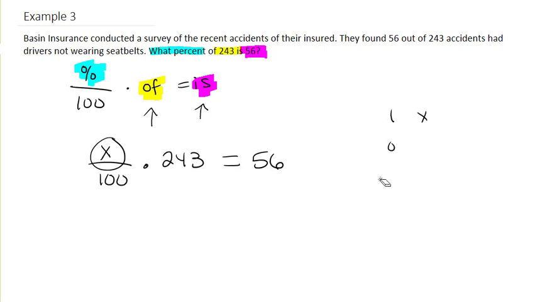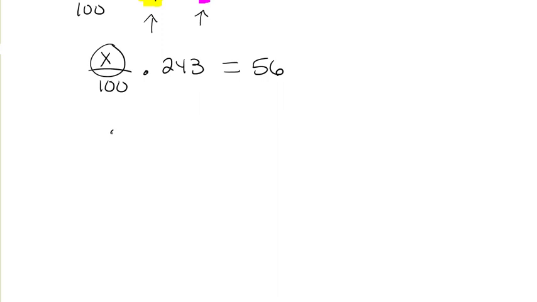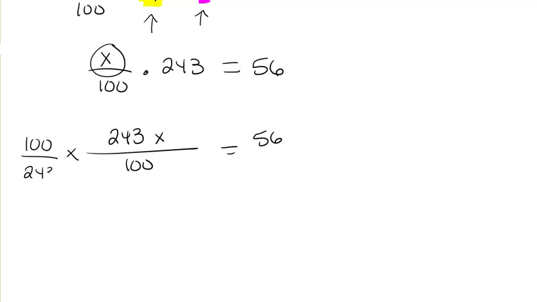So let's go ahead and rewrite this a little bit. So we have 243 times x over 100, because 243 times x is right there, equals 56. Now to get x by itself, we're going to multiply it by its reciprocal. So we get 100 over 243. These cancel and all become 1s.